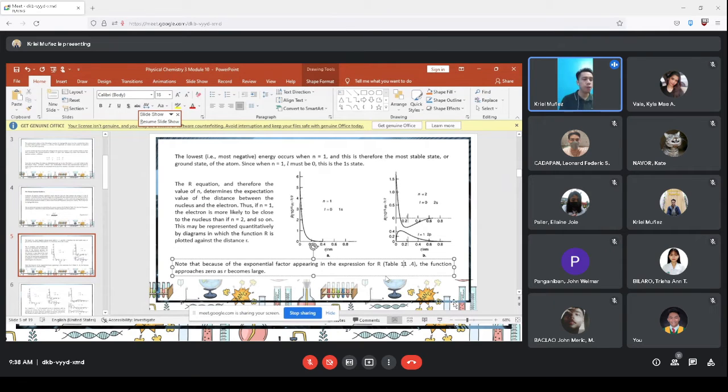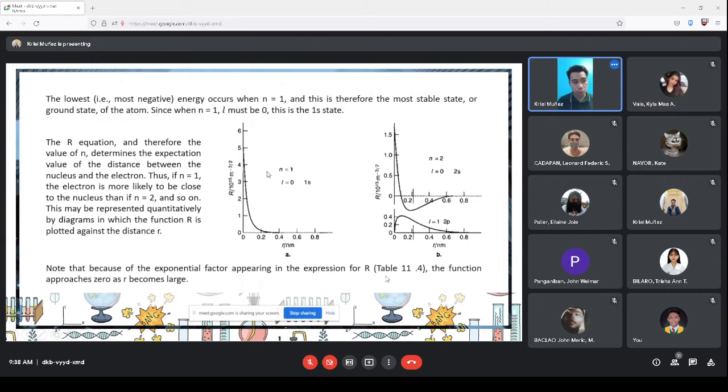So for example, for the 1s orbital, I have here the graph, the one in the middle. This is n is equal to 1 and L is equal to 0. Can you see it clearly? This is the 1s orbital.